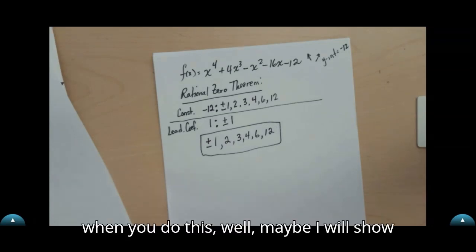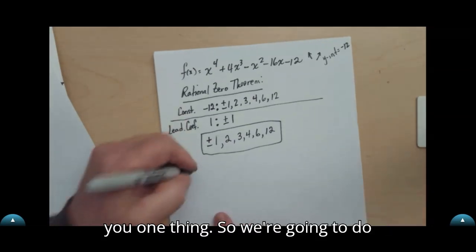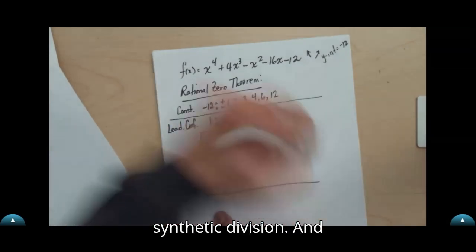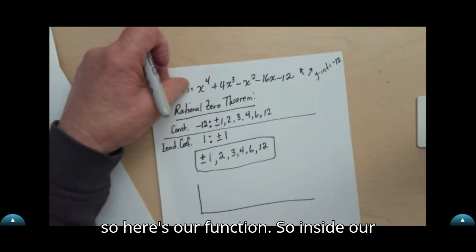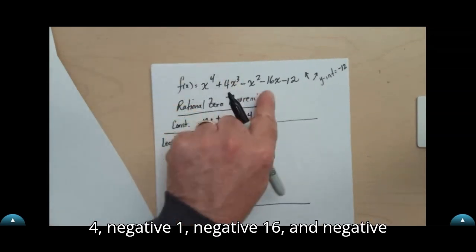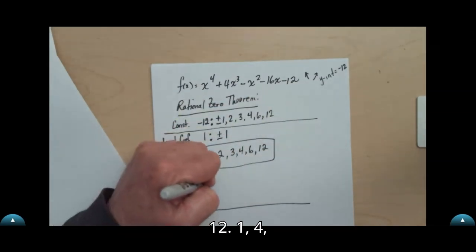Remember, when you do this, well, maybe I will show you one thing. So we're going to do synthetic division. And so here's our function. So inside our little sideways L, we're going to put 1, 4, negative 1, negative 16, and negative 12.